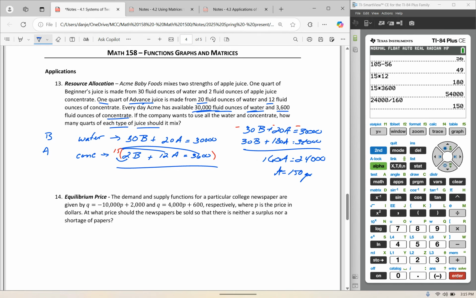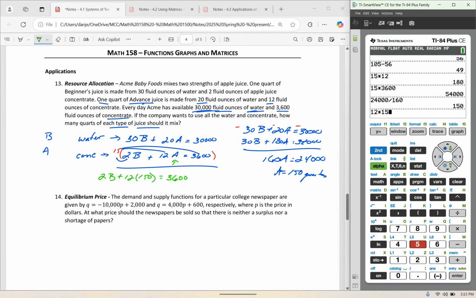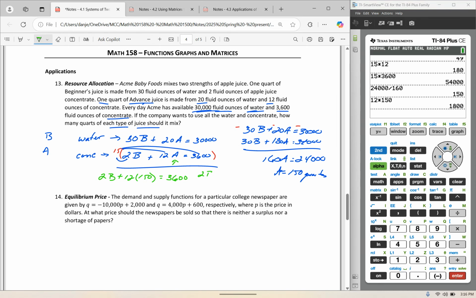Advanced should make 150 quarts. To find B, I'm going to take that 150 and put it in here for A: 2B plus 12 times 150 is equal to 3,600. 12 times 150 is 1,800, so 2B plus 1,800 equals 3,600.